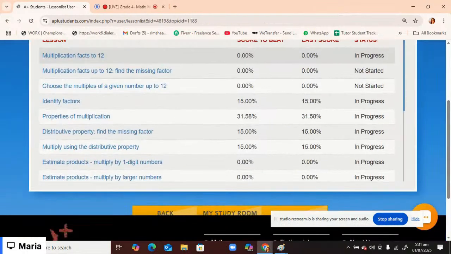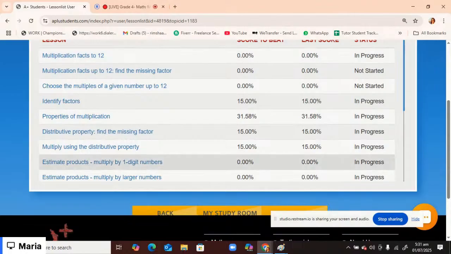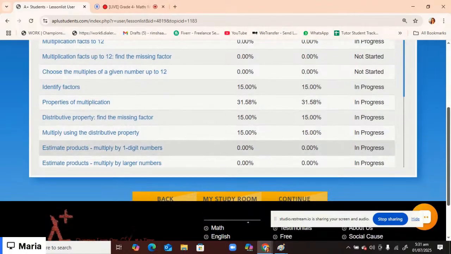Okay, let's discuss the last lesson of the day. Estimate the products multiplied by one digit number. Let's do it.